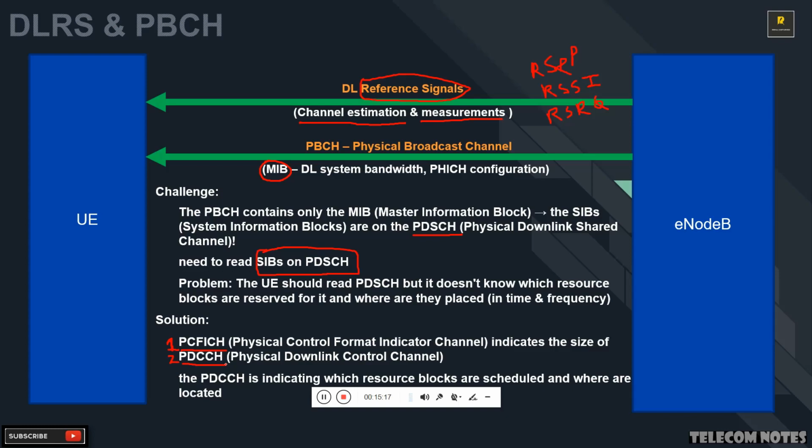So PCFICH, that is having the control format indicator, will tell where you will get that particular PDCCH for that particular UE.